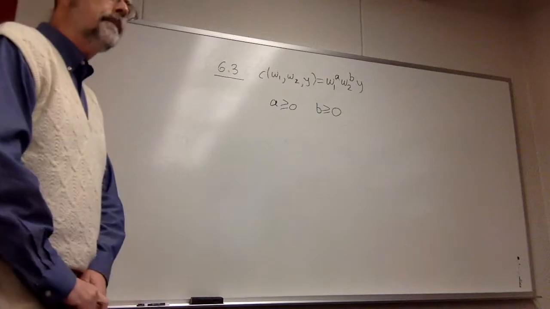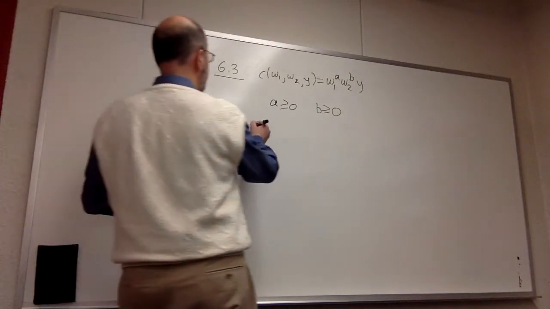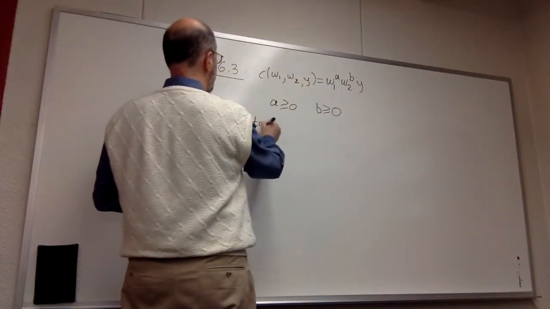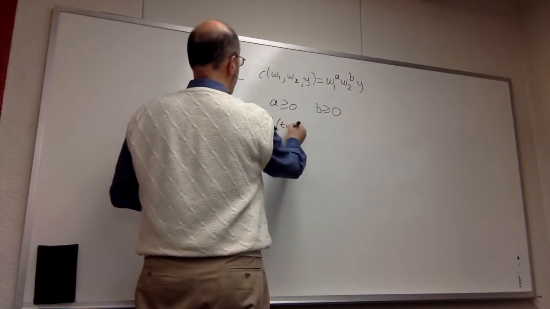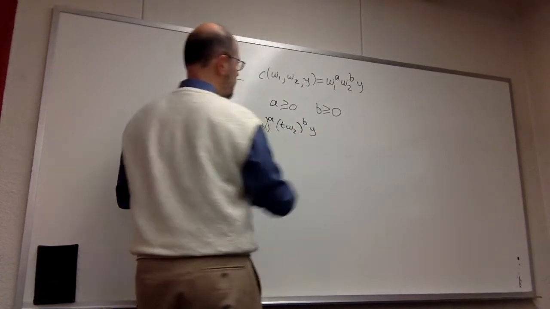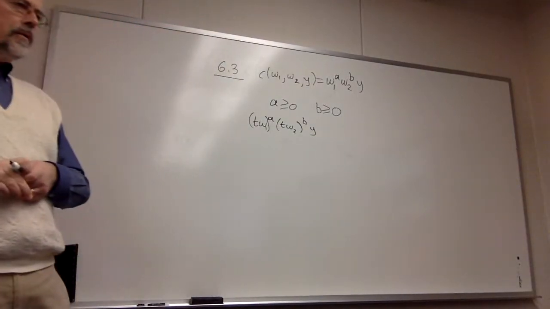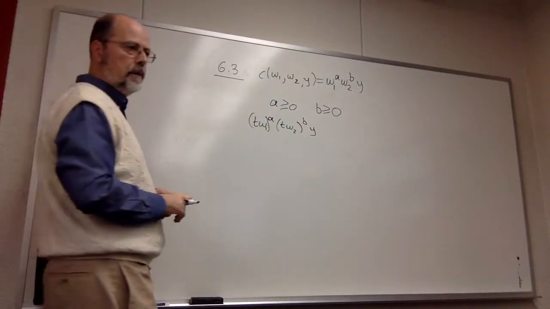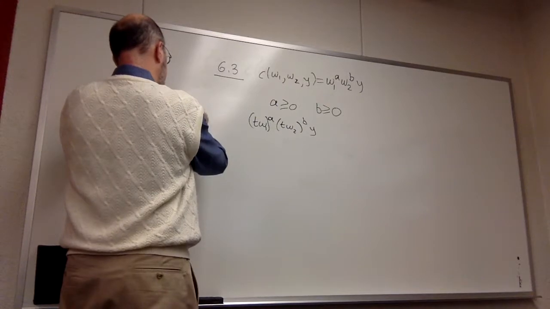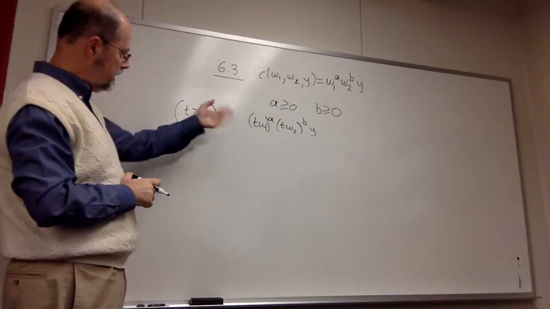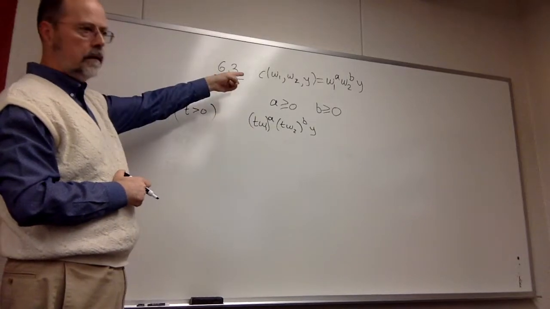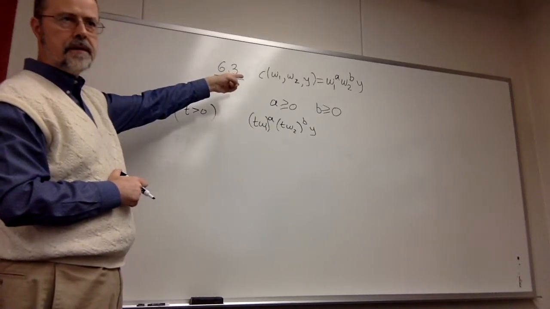So homogeneity here means that if I put T W1 and T W2 instead of W1 and W2 for some T positive, this ought to come out equal to the original expression.